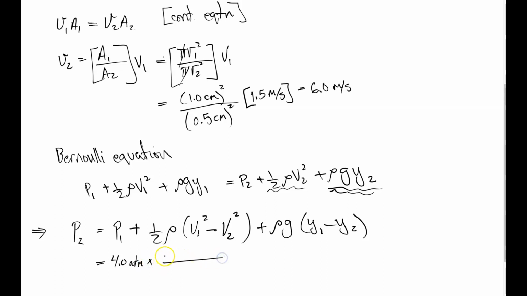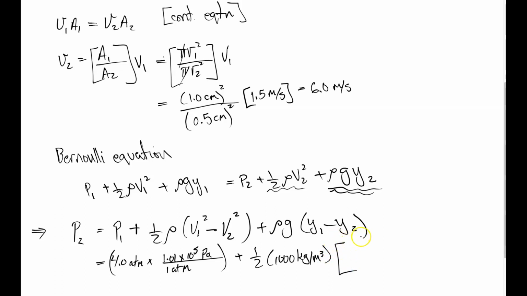Times 1.01 10 to the 5th Pascal per atmosphere, plus 1/2. The density of water is 1,000 kilograms per meters cubed.